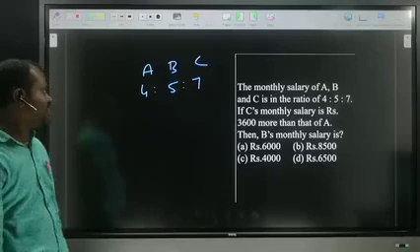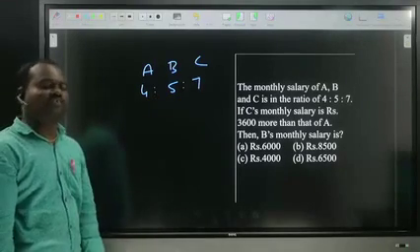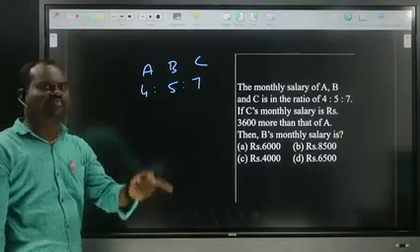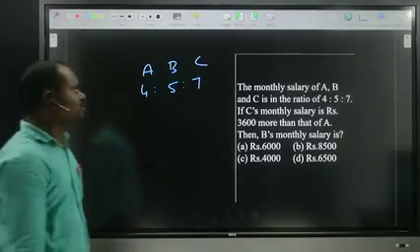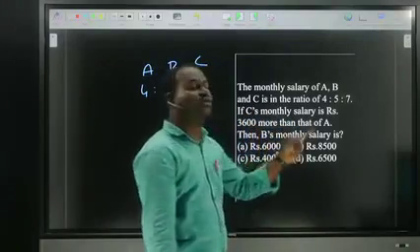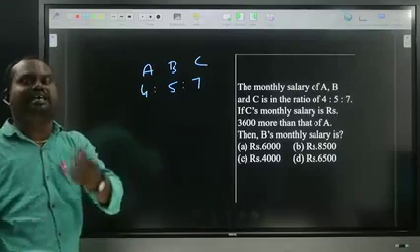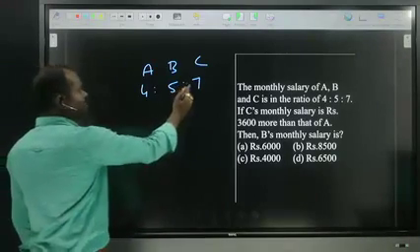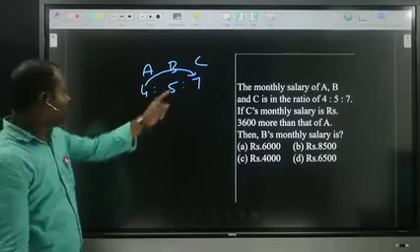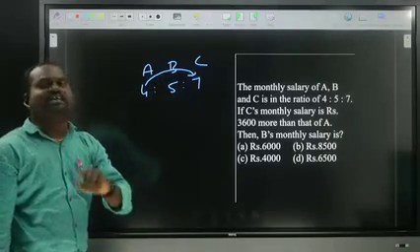Nothing but A was getting 4 parts, B was getting 5 parts, C was getting 7 parts. What is the clue given? C's salary is 3600 more than A's. C was getting how many parts more than A? 3 parts more, whereas the money is 3600 more.